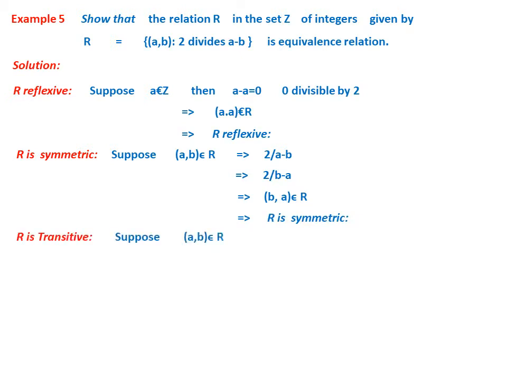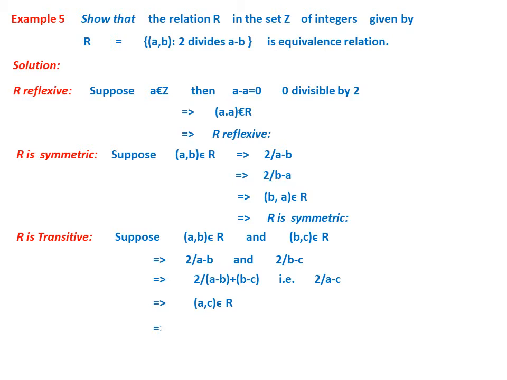Then R is transitive also we can prove. Let us take, for example, (a, b) belongs to R and (b, c) belongs to R. This implies 2 divides a minus b and 2 divides b minus c. This implies 2 divides (a minus b) plus (b minus c), that is 2 divides a minus c.